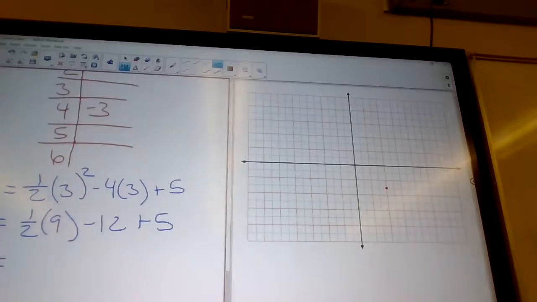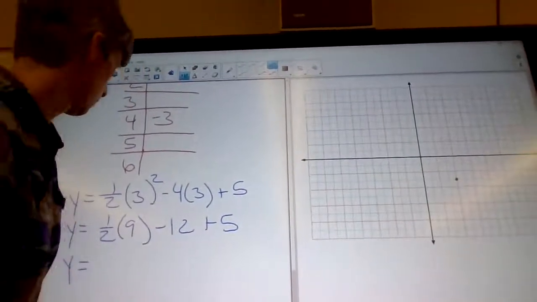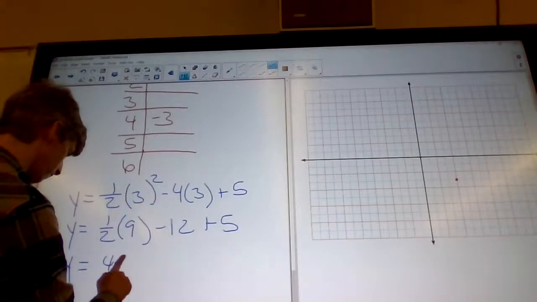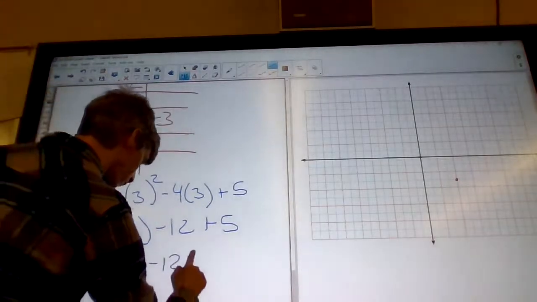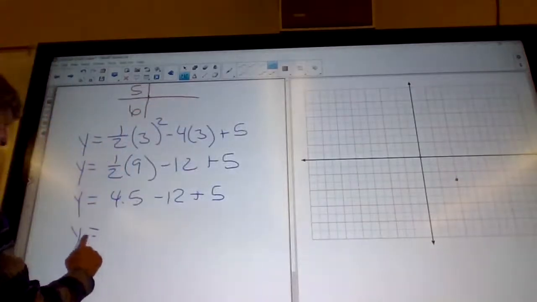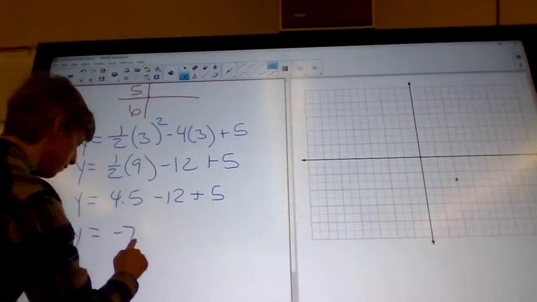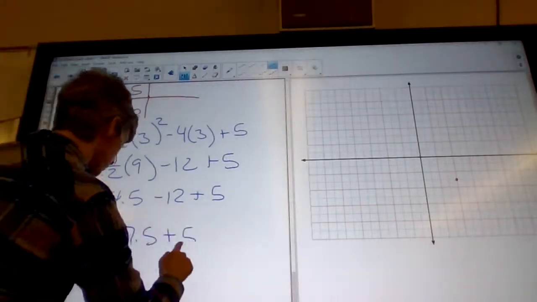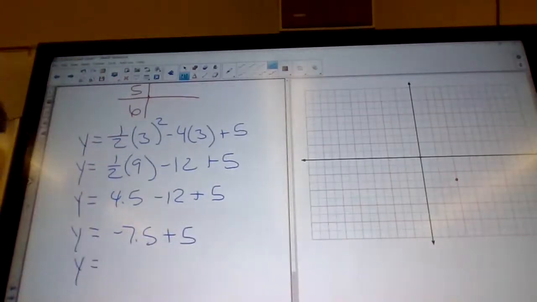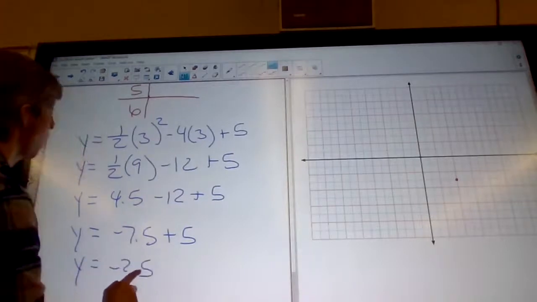Now, you're saying half of 9. That's 4.5. Can I get decimals? Yes. So that's 4.5 minus 12 plus 5. So 4.5 minus 12 is going to be -7.5 plus 5. -7.5 plus 5 is -2.5. That is your y coordinate.